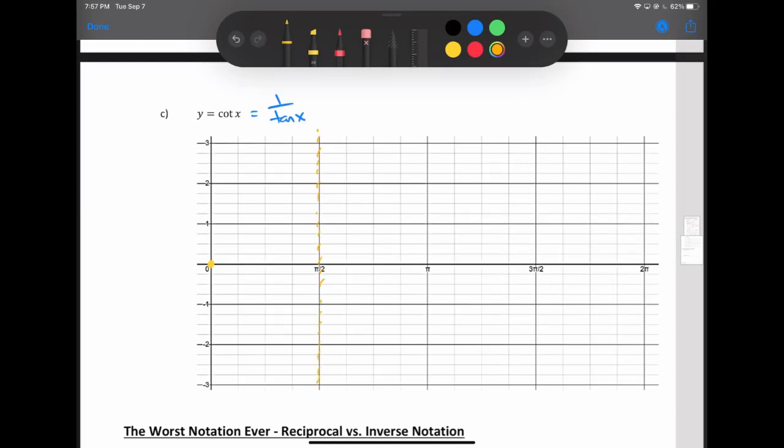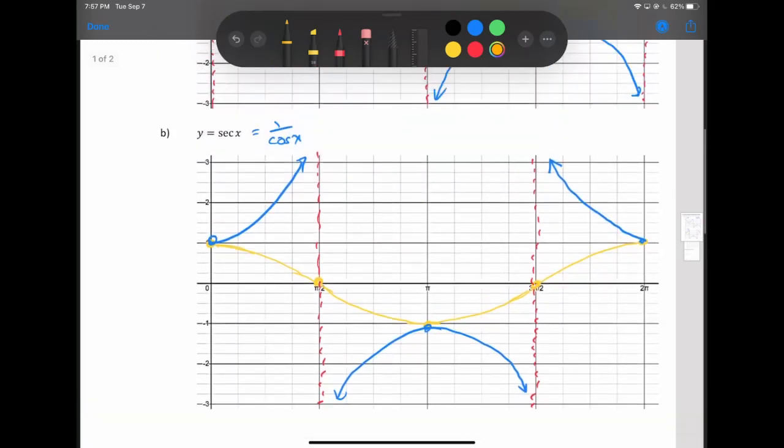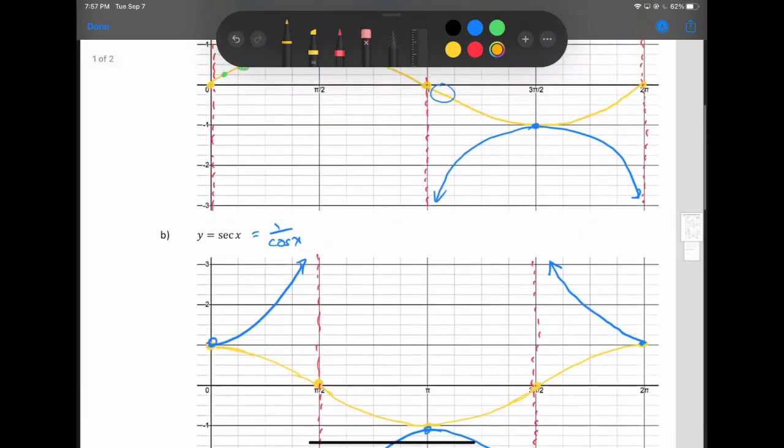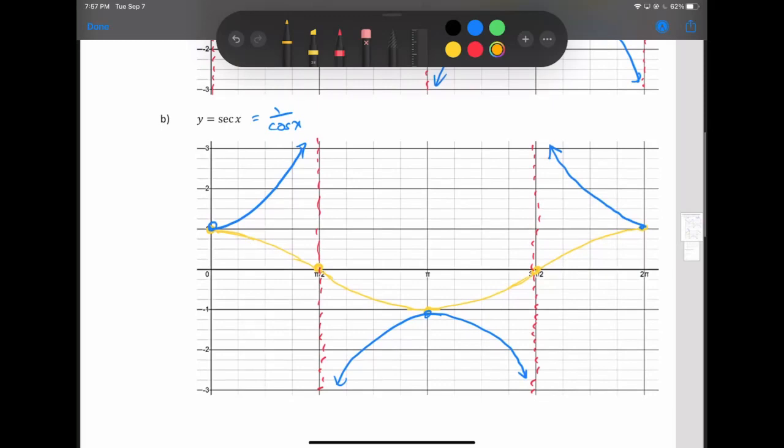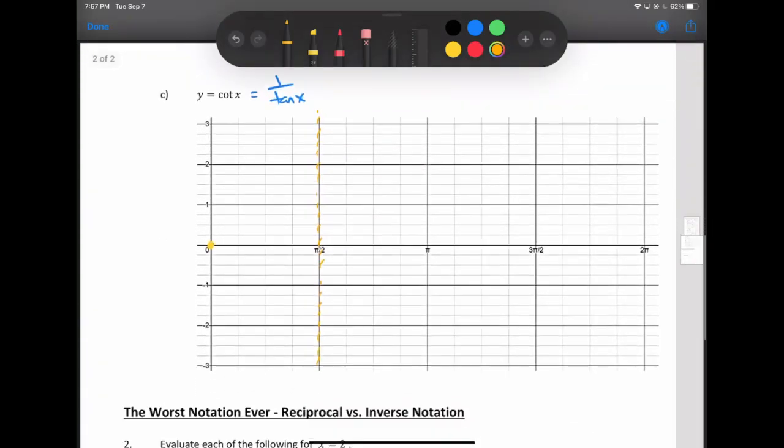And if you think about it, tan theta is sine over cos. Cos has zeros at pi over 2 and 3 pi over 2, so tan should have asymptotes at those values.